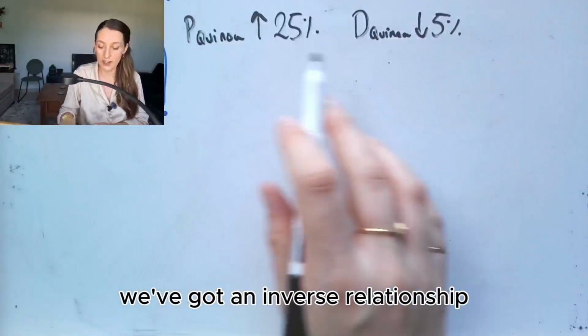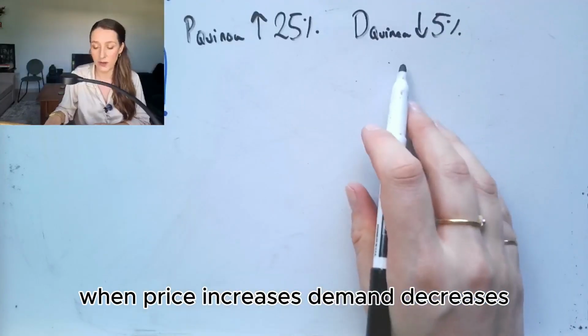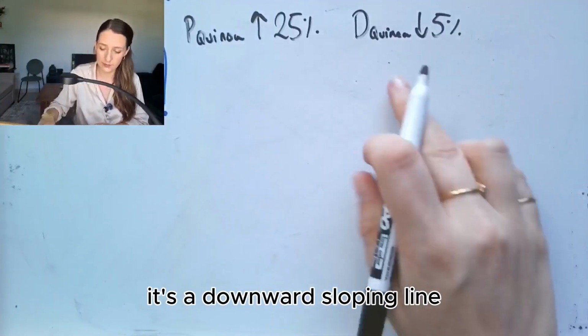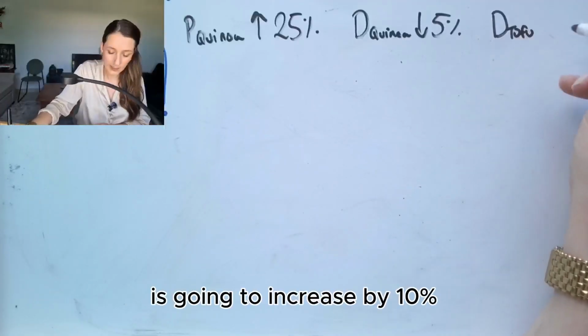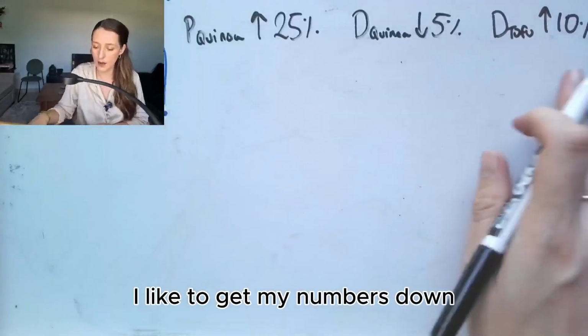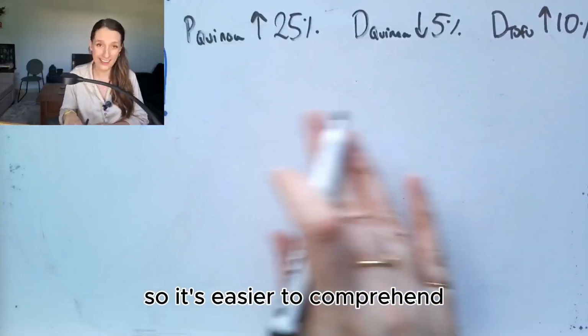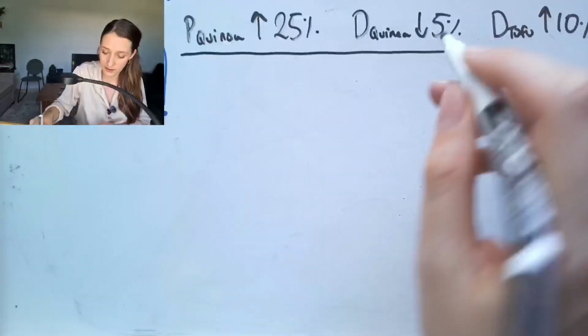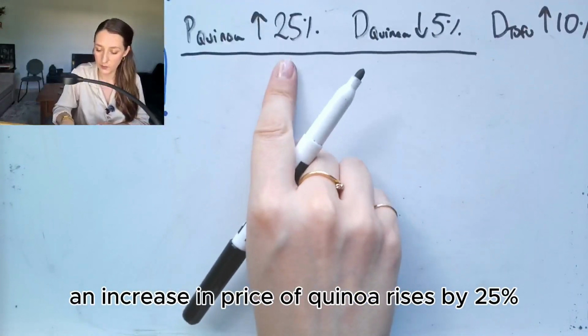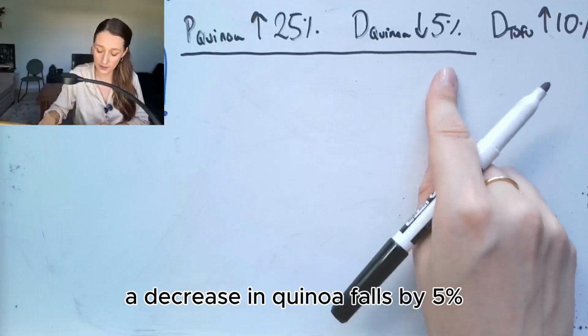Nothing surprising there. We've got an inverse relationship. When price increases, demand decreases. It's a downward sloping line. And then it also told us that the demand for tofu is going to increase by 10%. I like to get my numbers down so it's easier to comprehend. We are seeing, for the first part of the question, the price of quinoa rises by 25%, and the quantity of quinoa falls by 5%.